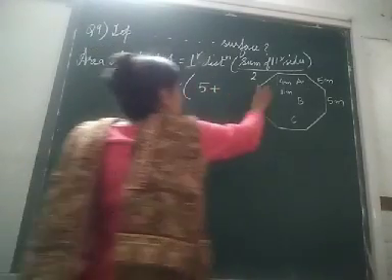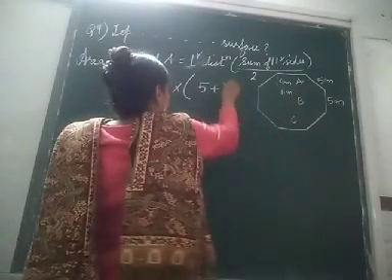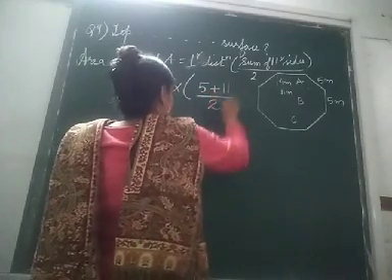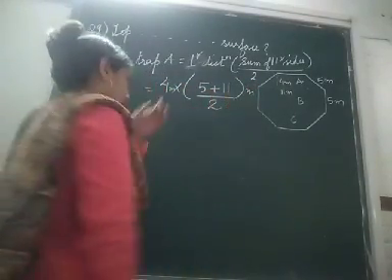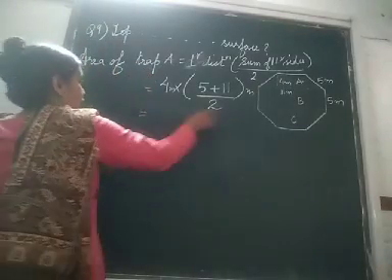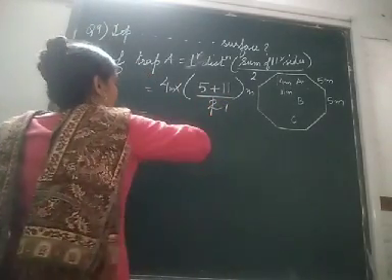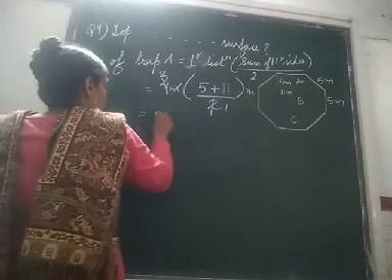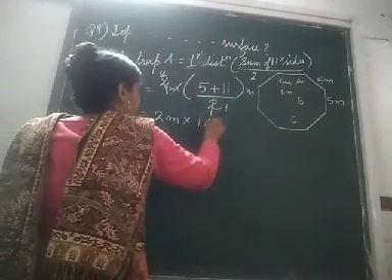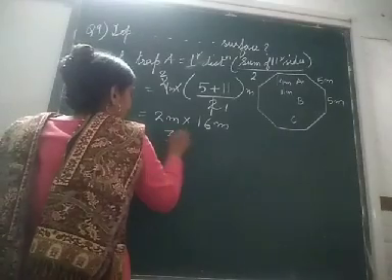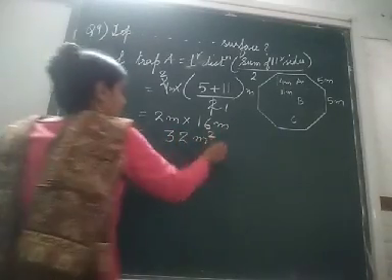This is 11, it is already given in the question, by 2. Both the meters I am writing in common. Now 4 and 2 can get cancelled. 2 into 5 plus 11 is 16, so 2 times 16 gives us 32 meters square.